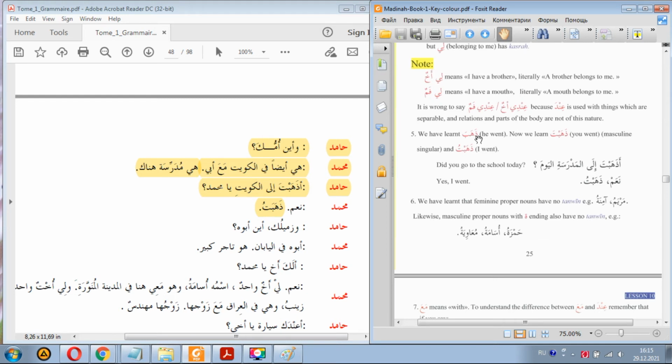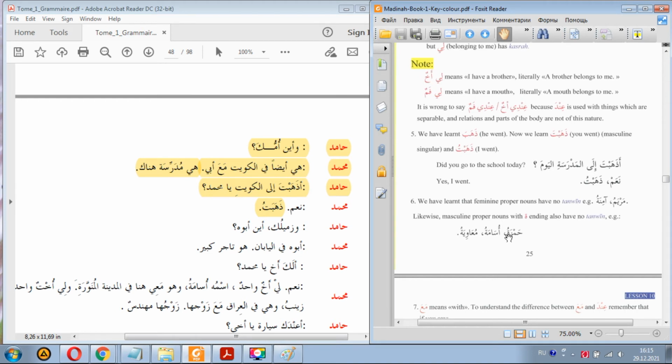If you see a word ذهب, you know that he is implied. If you see this ta with fatha and this ba with sukun, you know that you is implied. You went, ذهبت. If you see this ba with sukun and ta with dhamma, not fatha but dhamma, it means I went.